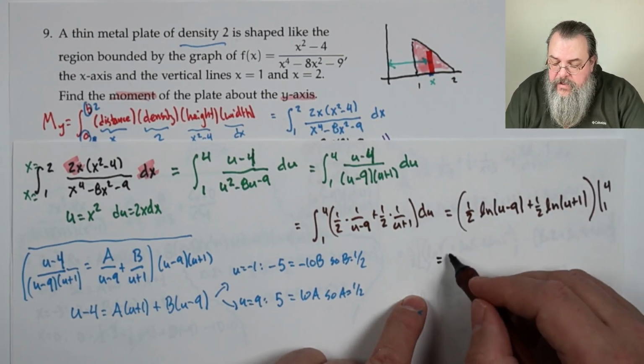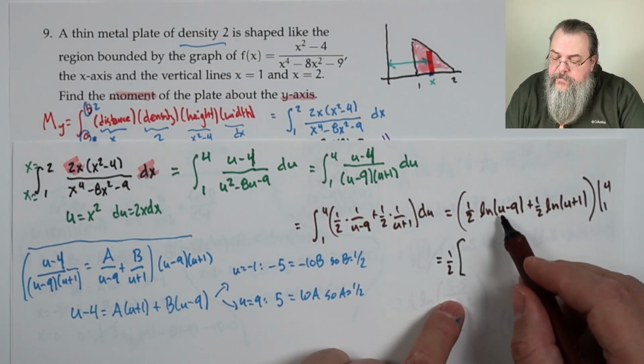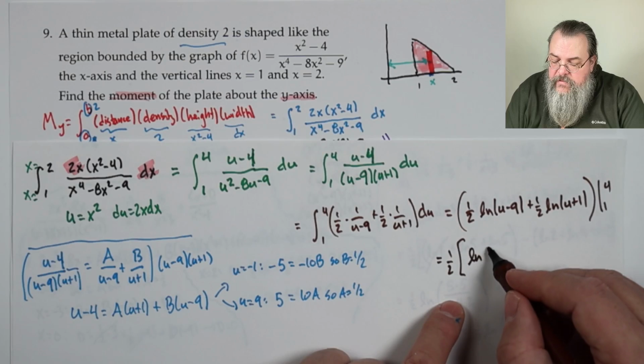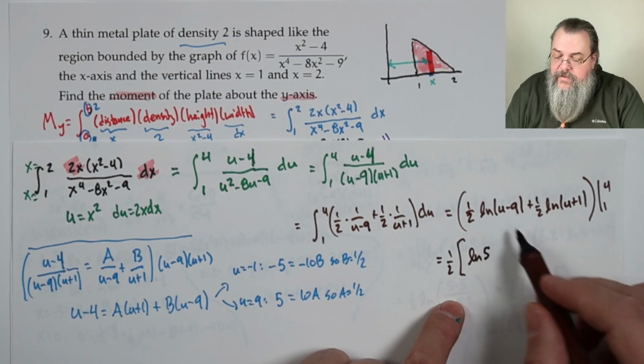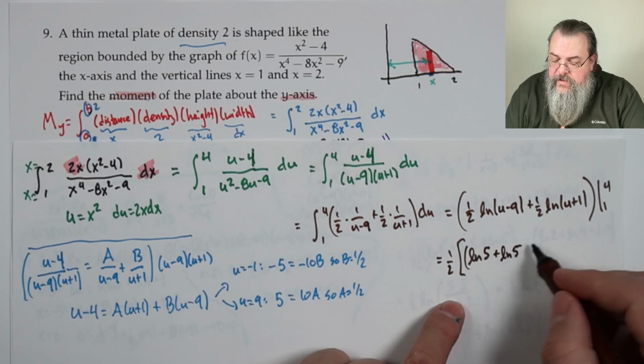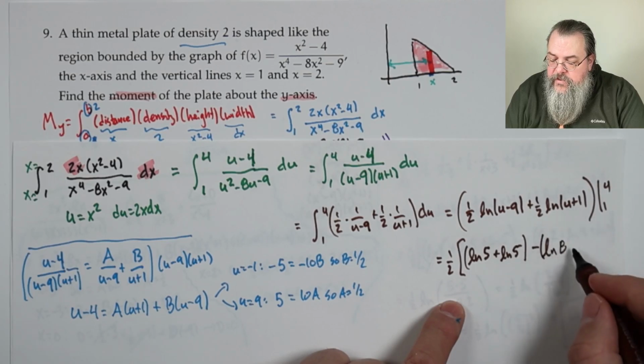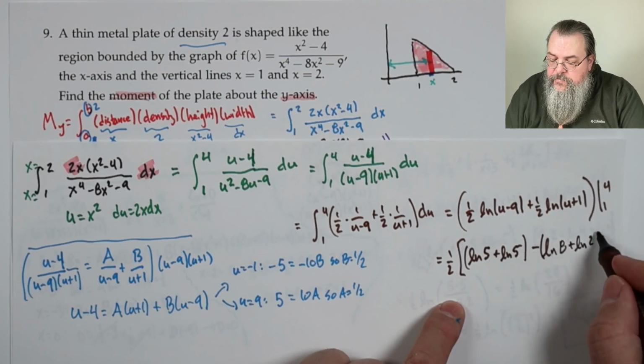Well, as we did before, I really will pull the 1/2s out. And so 4 minus 9 makes 5, let me take absolute value. 4 plus 1 is 5. Okay, so there's 5 plus 5, subtract. 1 minus 9 is 8, 1 plus 1 is 2.